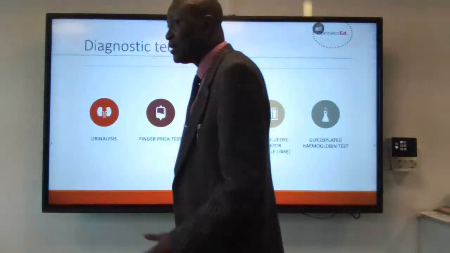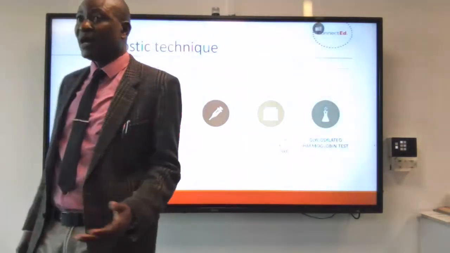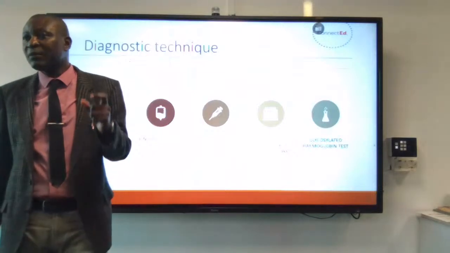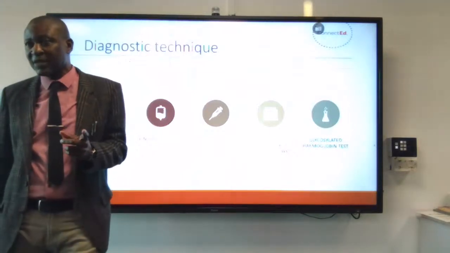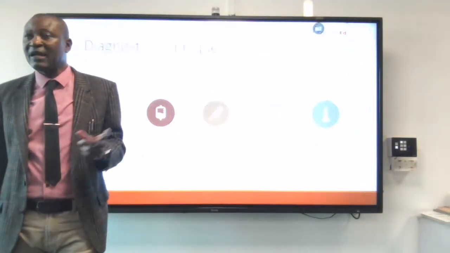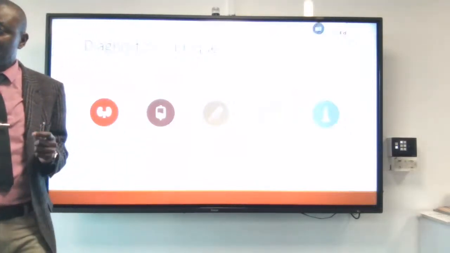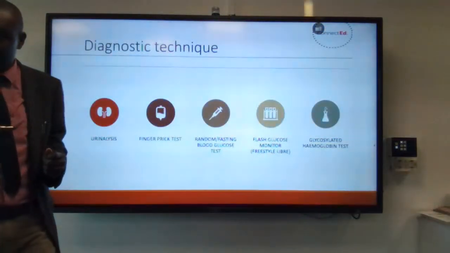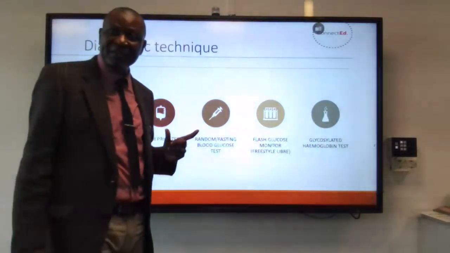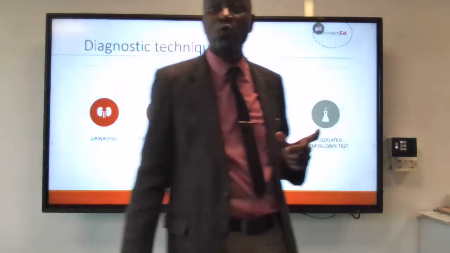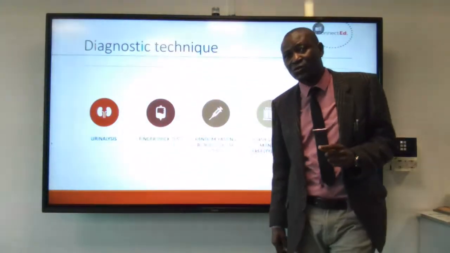Glycosylated hemoglobin is often used as well to check the blood glucose level over a period of time. The lifespan of hemoglobin is about 3 months. So when you check the amount of glucose that is attached to the hemoglobin, then you are having an average reading of blood glucose level within the last 2 to 3 months.